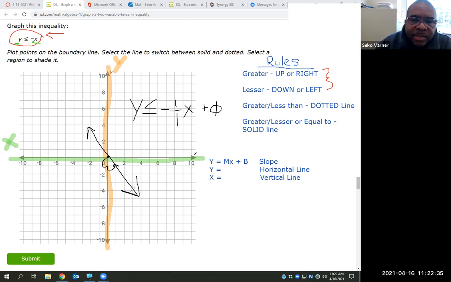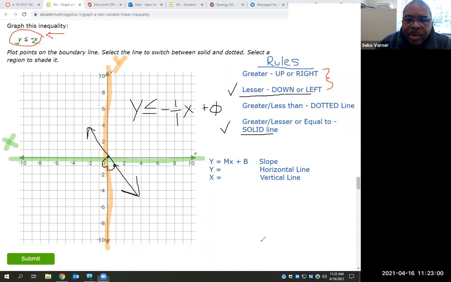So we know it's a negative slope. Okay, good. And then it says that y is less than, so less than means we're going to go down and to the left. And there's an equal sign here, so it's going to be a solid line.